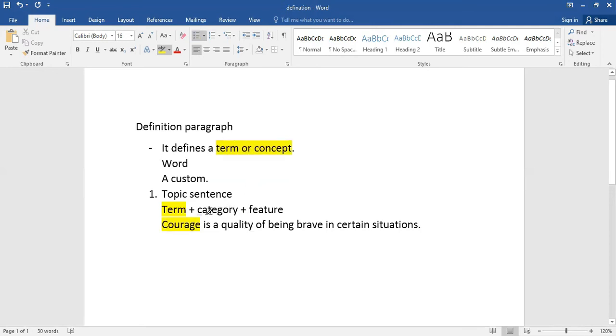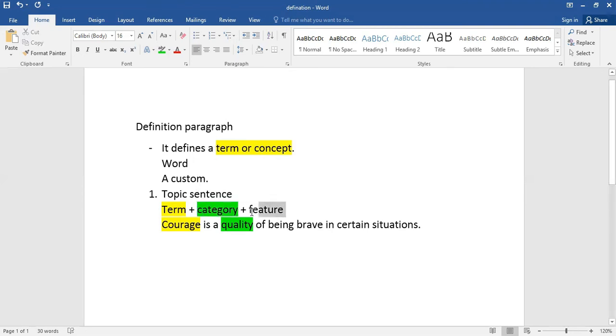So which category is it? It is a quality. Courage is a quality. In category terms, it is a quality.